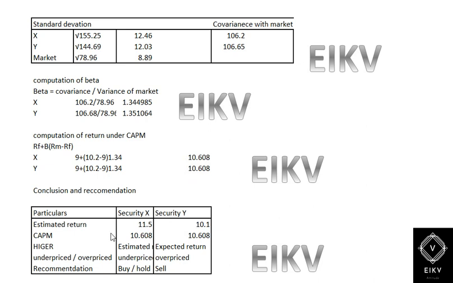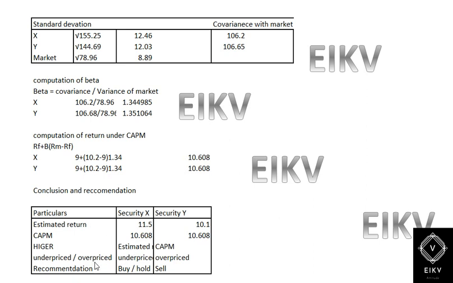Conclusion: in the table I have written the expected return would be 11.5 for security X and 10.1 for security Y. The CAPM return is 10.608 in both cases. For security X, the expected return is higher than the CAPM return, so it is underpriced. For security Y, the CAPM return is higher, so it is overpriced.